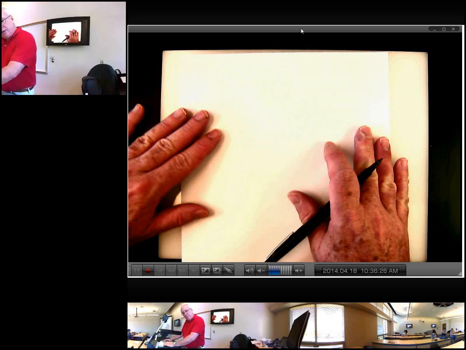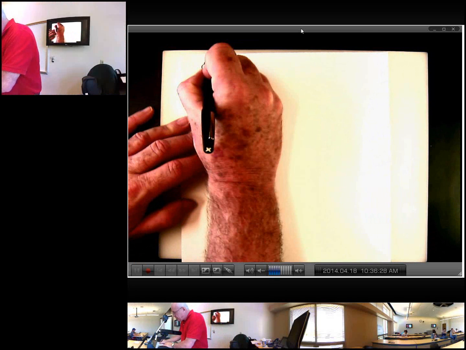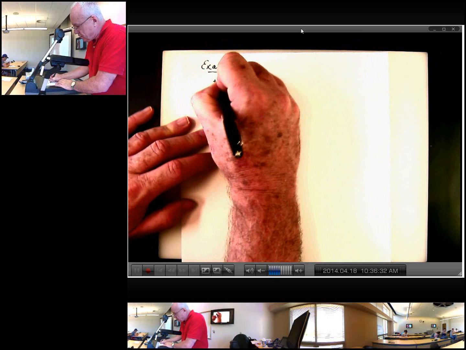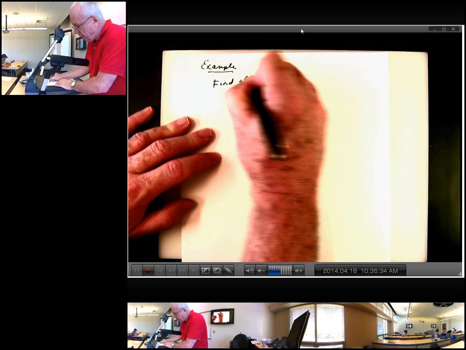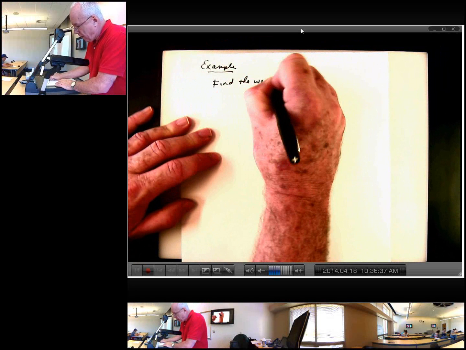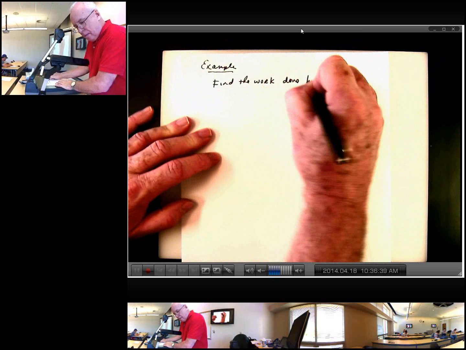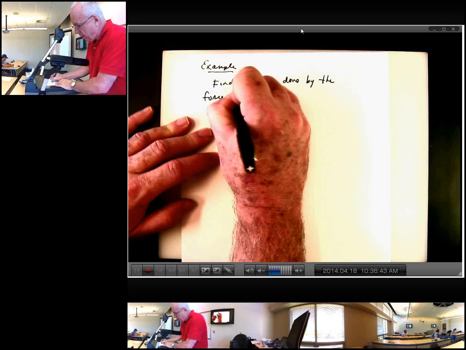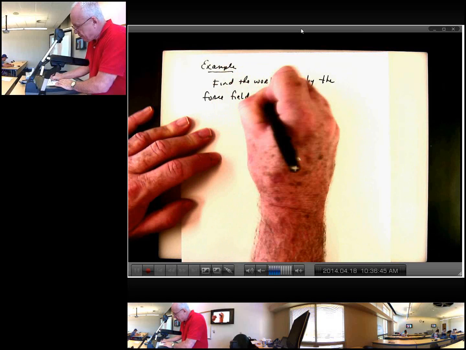All right, let's look at another example here, just so that we get familiar with this. Example: find the work done by the force field F of x, y.